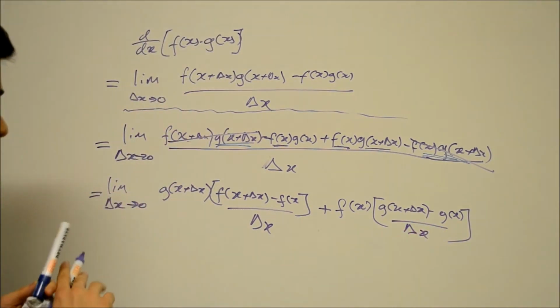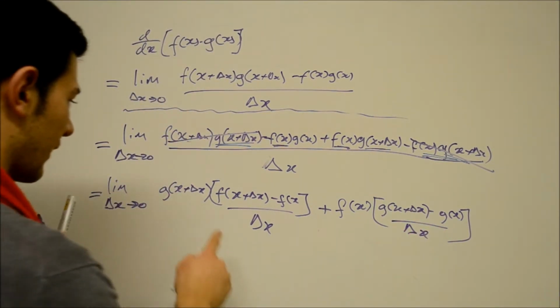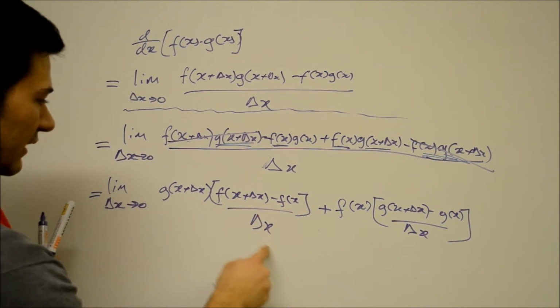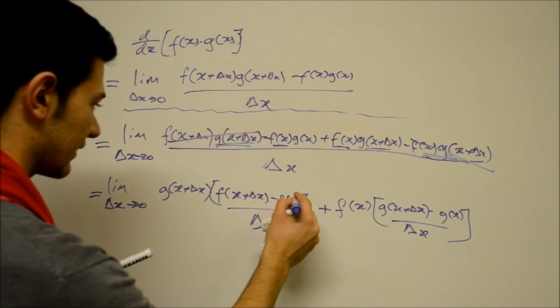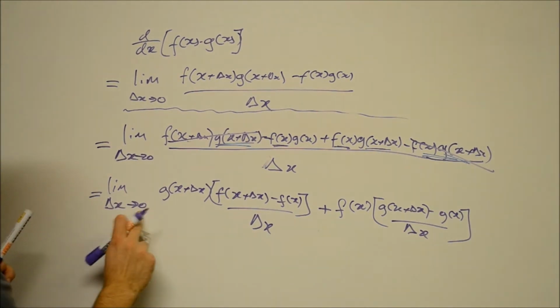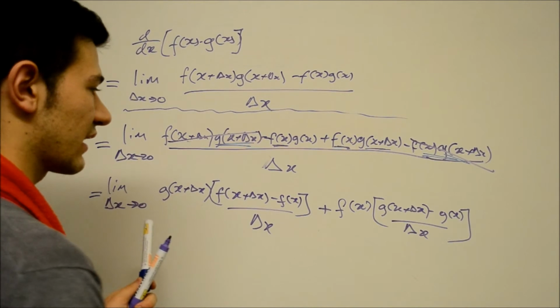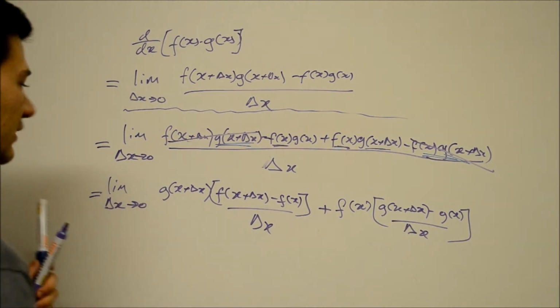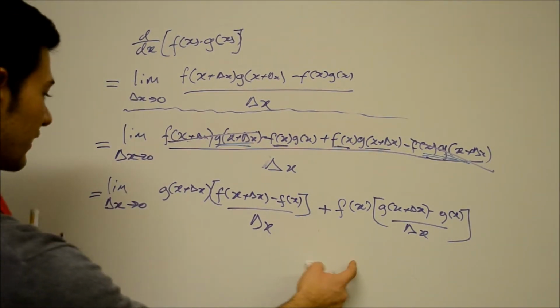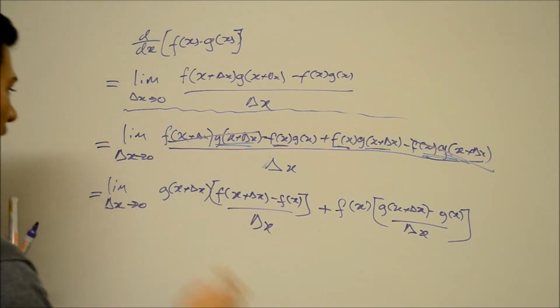And now we observe that f of x plus delta x minus f of x over delta x, as delta x goes to 0, is the definition of the derivative. Similarly, g of x plus delta x minus g of x over delta x is also the definition of g prime.